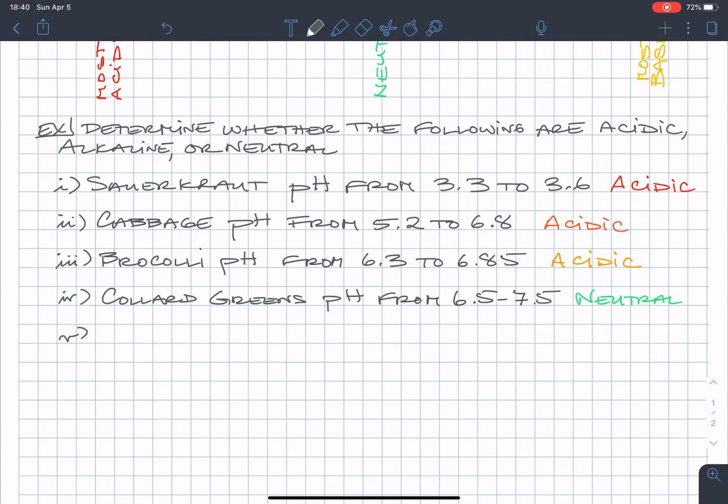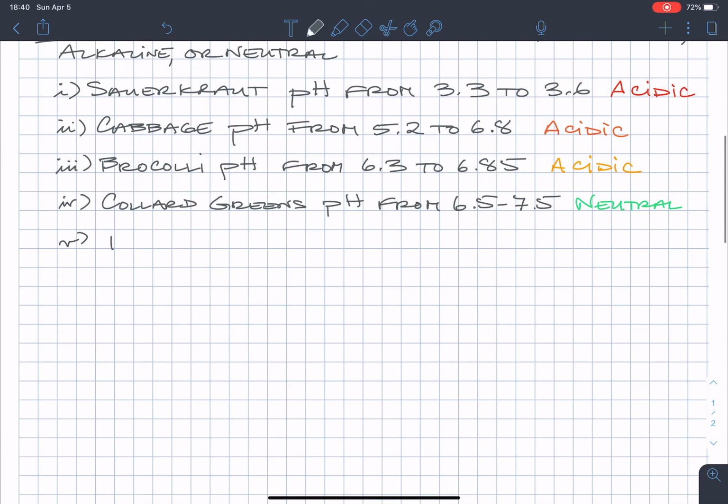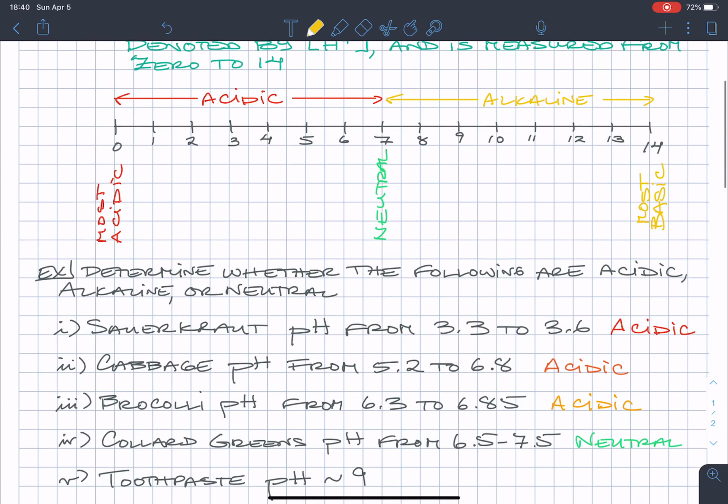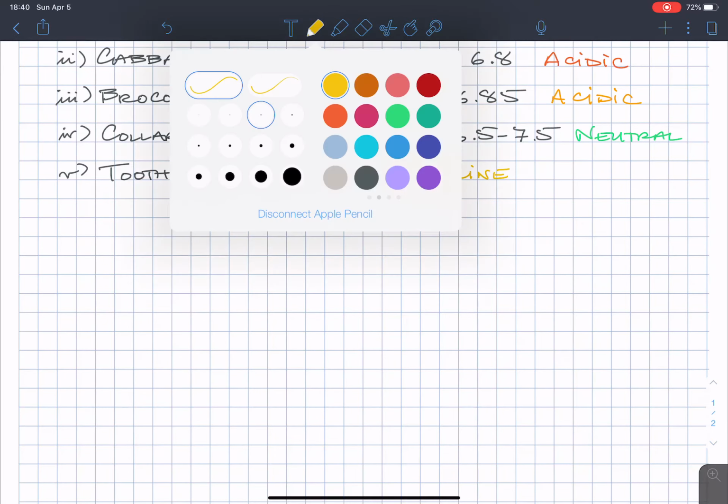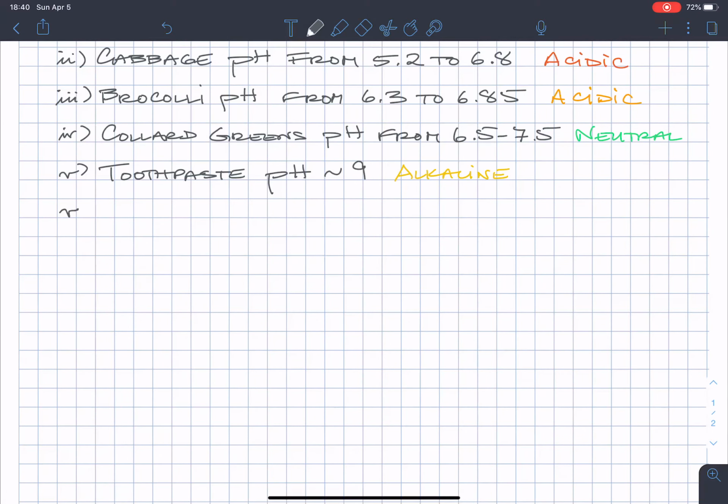Let's do number 5. Let's say toothpaste. So toothpaste has a pH of about 9. Okay, so if I look at that, that's definitely in the alkaline range. And then, of course, the most alkaline thing we can possibly get is bleach.